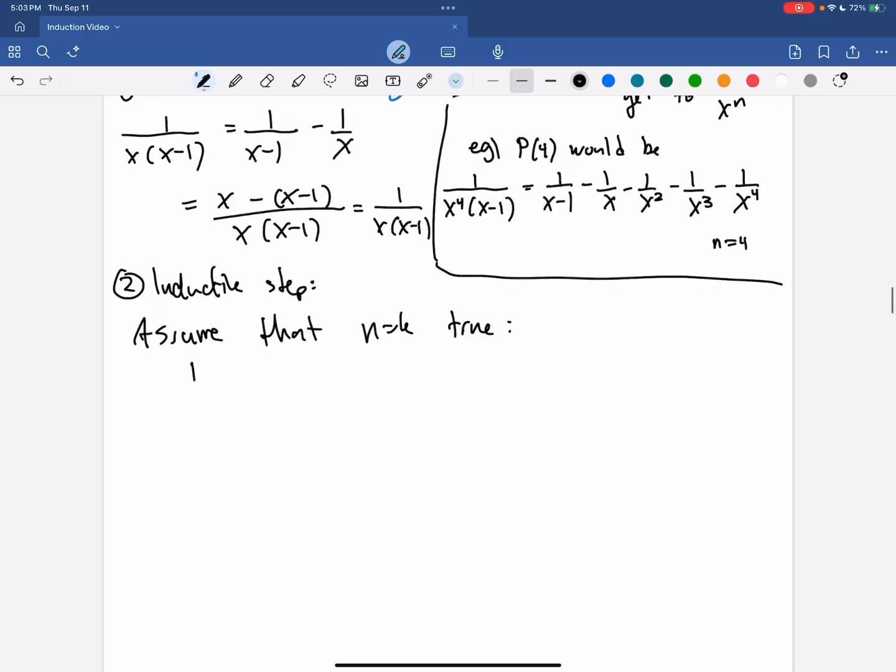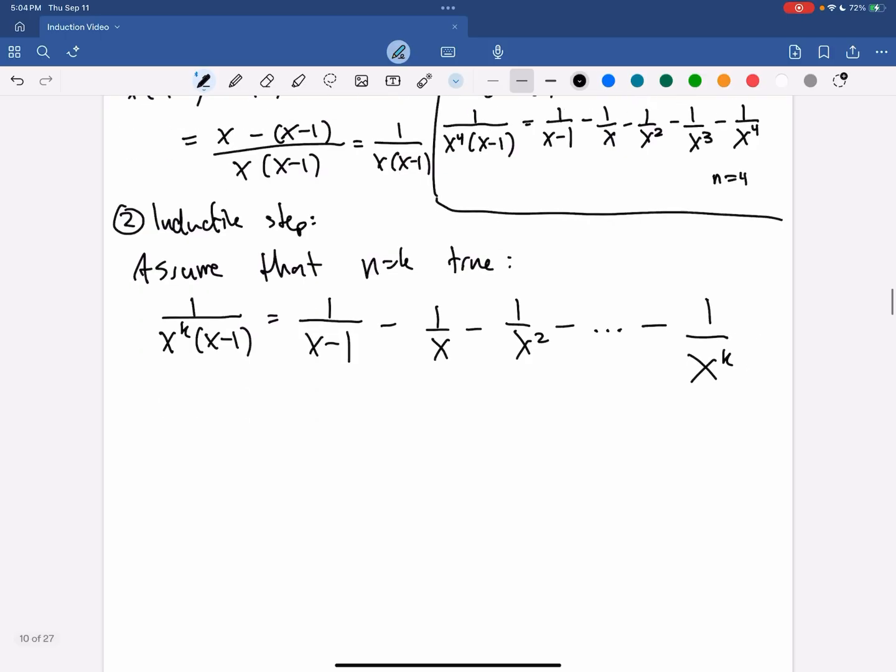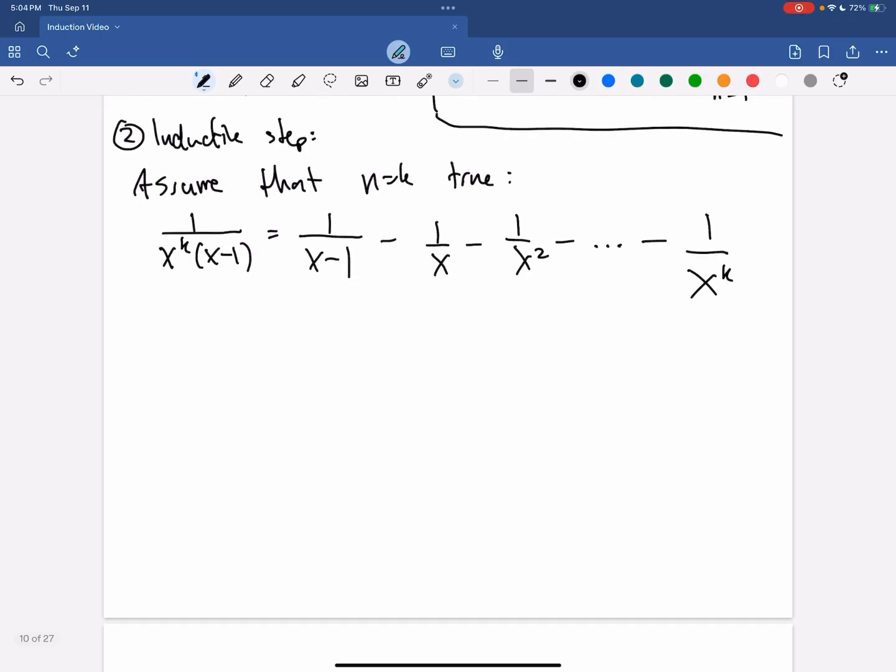So that means that 1 over x to the k times x minus 1 is equal to 1 over x minus 1 minus 1 over x minus 1 over x squared minus all the way to 1 over x to the k. And then now we want to show the statement for n is equal to k plus 1 is also true.